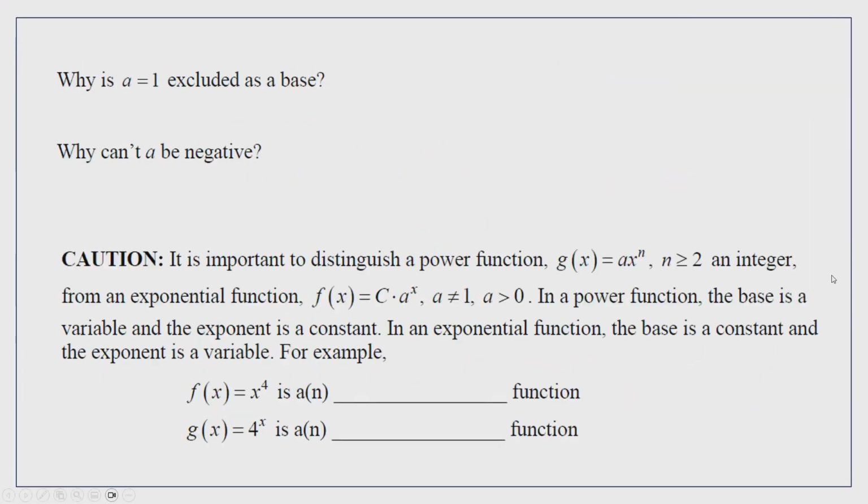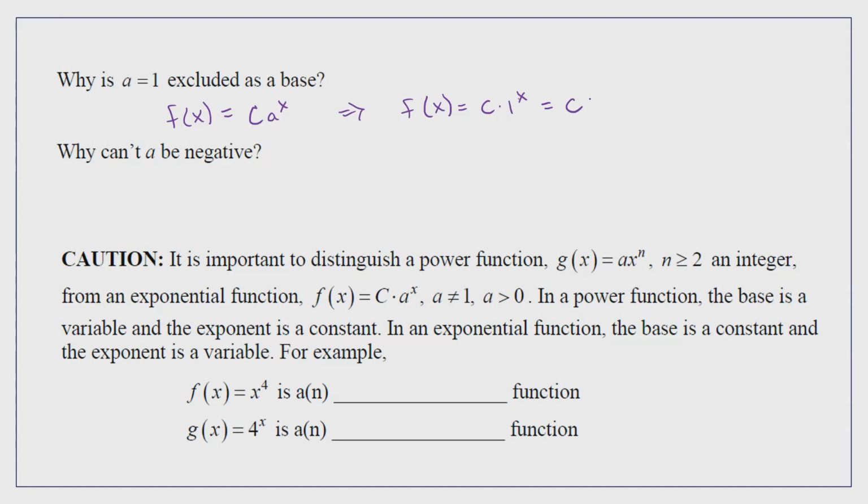So why is a equal to 1 excluded as a base? Well, if we have f of x equals c a to the power x, and we gave a the value of 1, then 1 to the power x, where x can be any value, would give us 1, so we would get c.